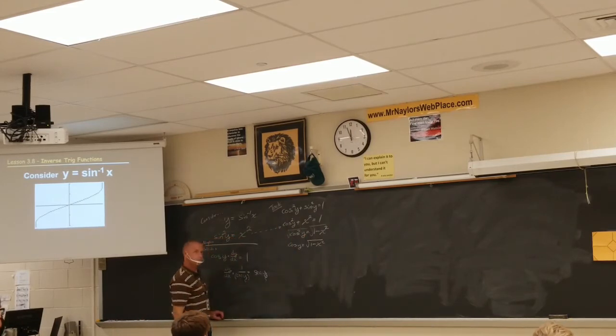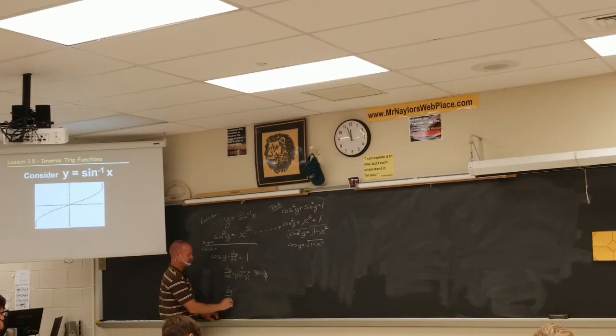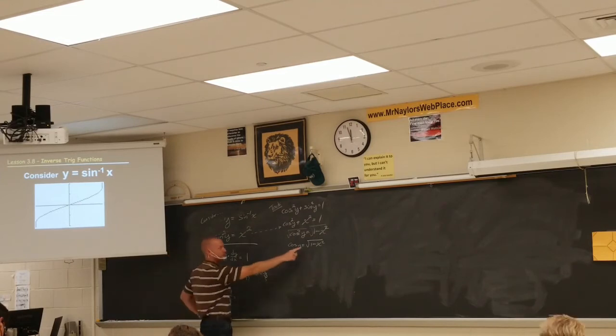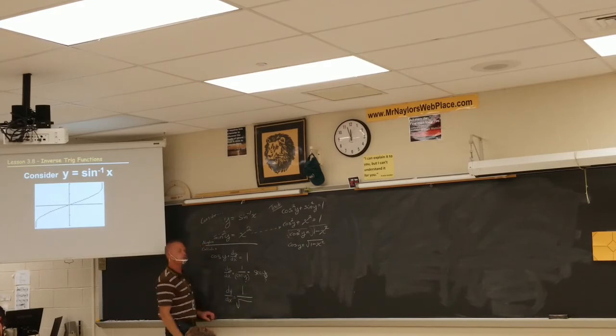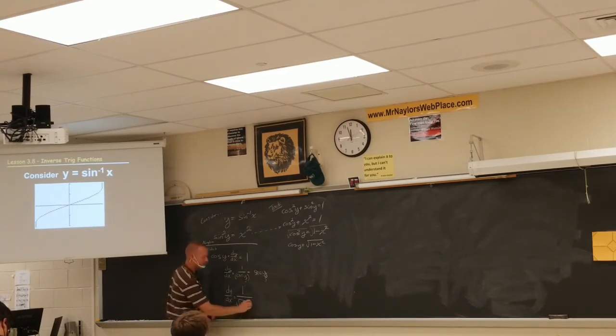Okay, so remember this cosine down here? By math, not magic, it's equal to the square root of 1 minus x squared. That means the derivative is equal to 1 over the square root of 1 minus x squared.